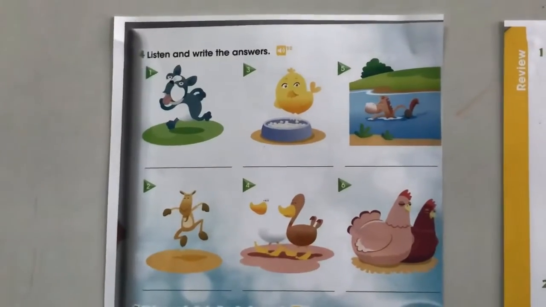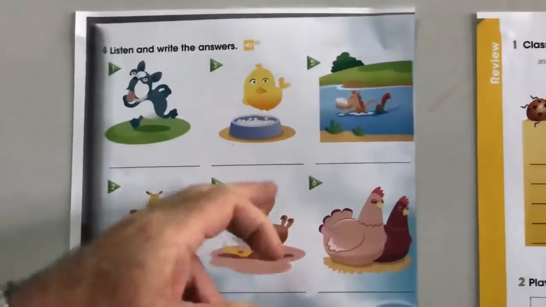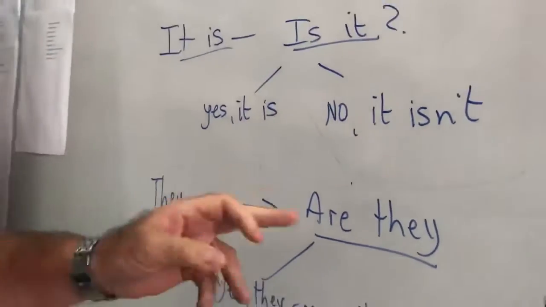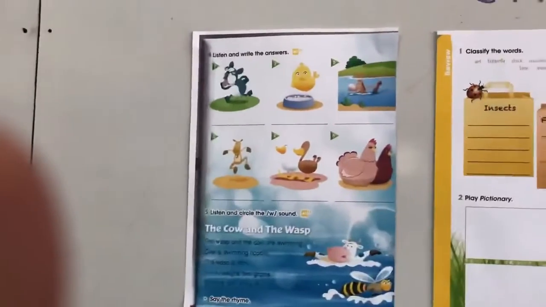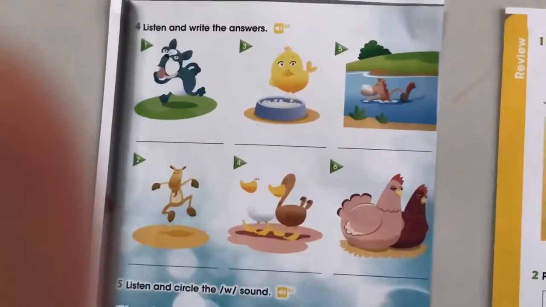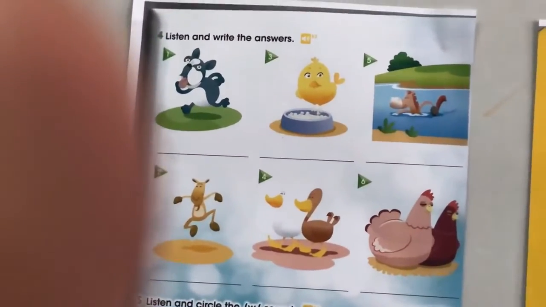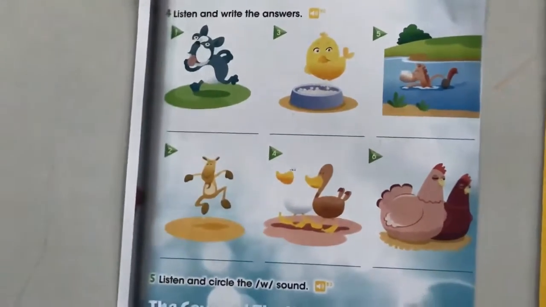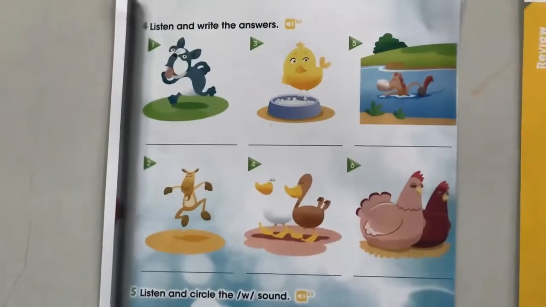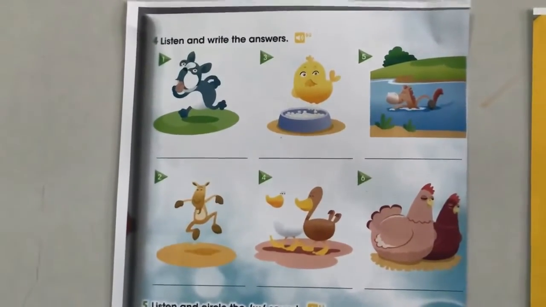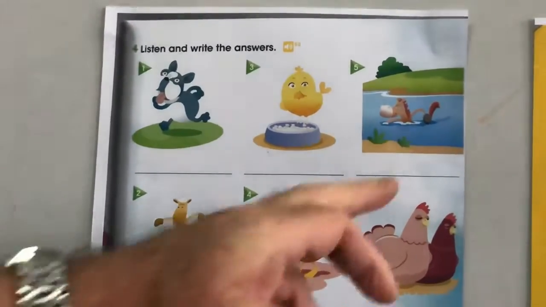Number 4, we've got 2. So remember, we're going to have to look at they, aren't we, for 2 things. Number 4, look at the ducks. Are they jumping? Look at the ducks. Are they jumping? And then number 5, look at the horse. Is it swimming?